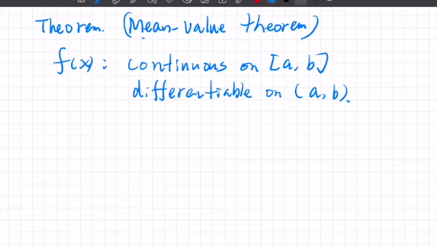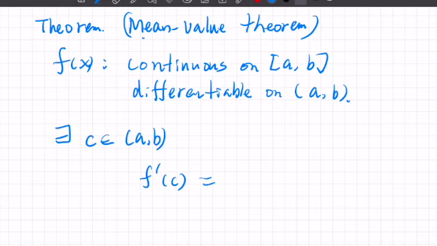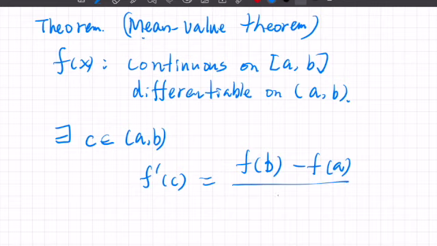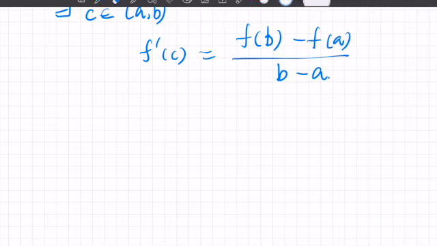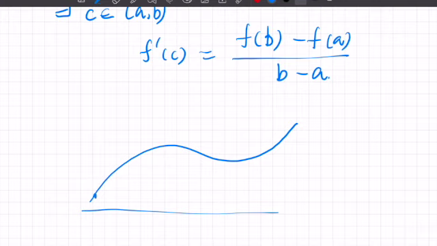Then there exists some point c in this interval such that f prime of c, the derivative of f at c, is equal to f of b minus f of a over b minus a. So if we have a function like this, at a it has this value, at b it has this value.